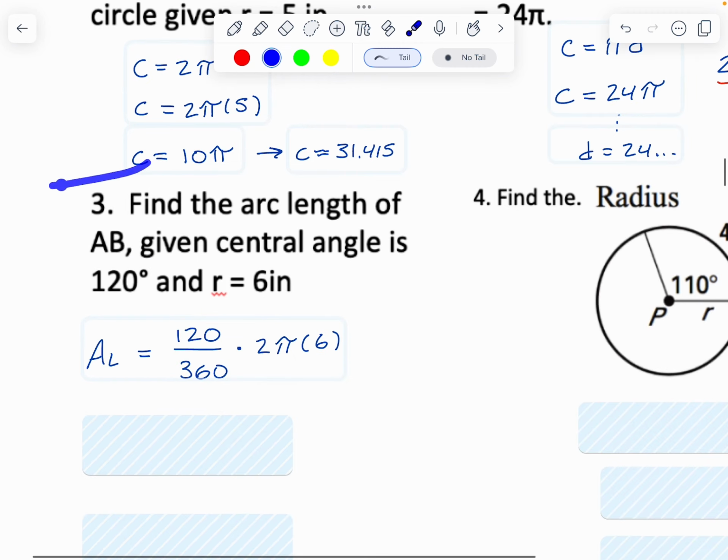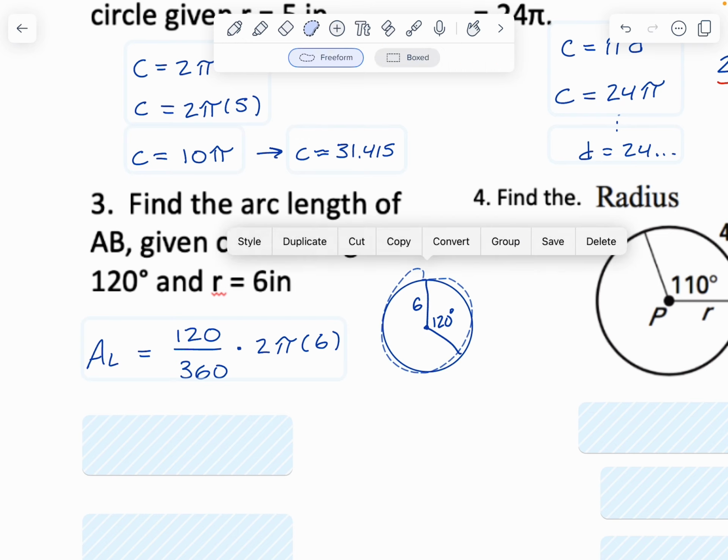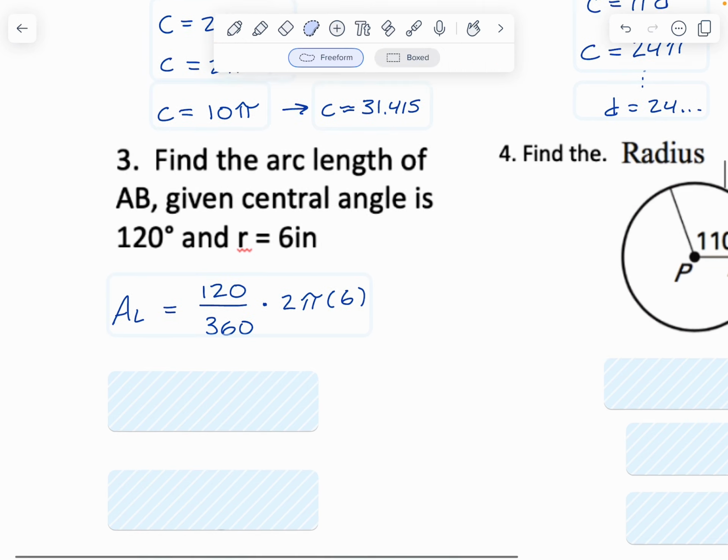If you're having a hard time visualizing it, draw yourself a picture. Here's a picture. I have a central angle that is 120 degrees. My radius is 6. Boom, just like that. I've visualized this. If that helps you, then do it. Doesn't necessarily change anything for me.